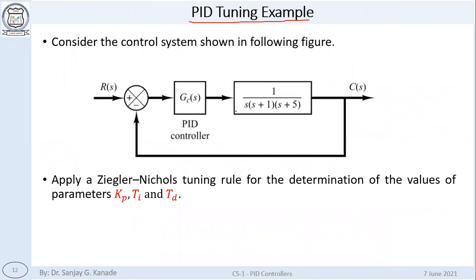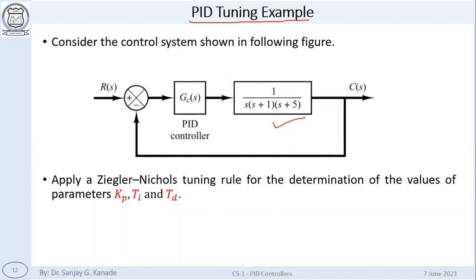Okay, here is an example already I'm showing you. We have to design a PID controller for this particular plant system, where the transfer function of the plant is given to us, and we have to apply Ziegler-Nichols tuning rules to determine the values of parameters Kp, Ti, Td.